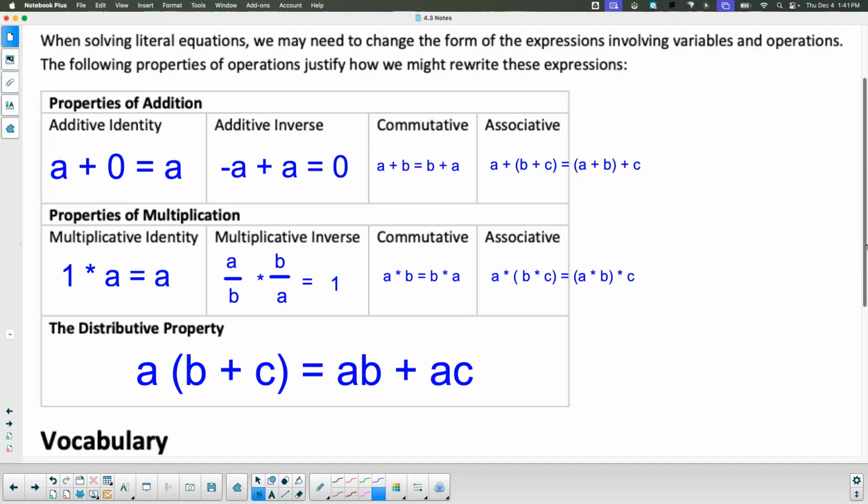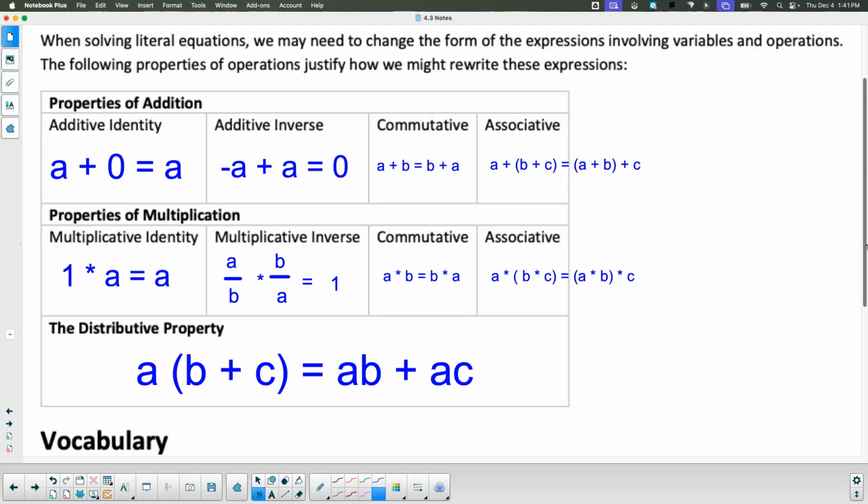But I'm not going to specifically ask you what is the commutative property in addition, and have you give me that a plus b is equal to b plus a. I just want you to know that order doesn't matter with addition. A plus b is b plus a. Okay? That's what I want you to know.